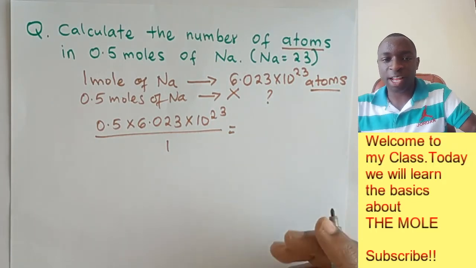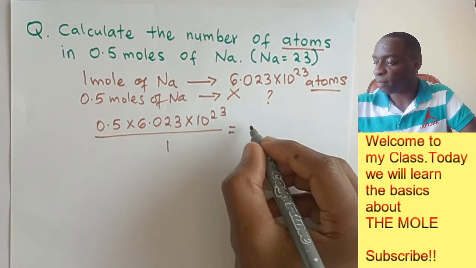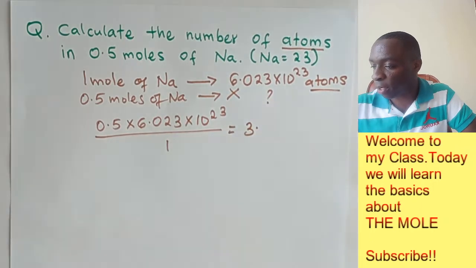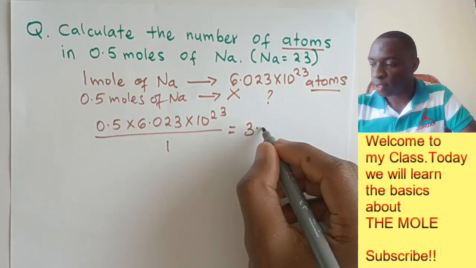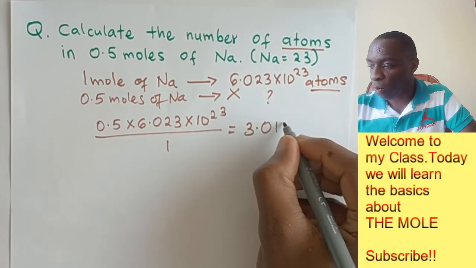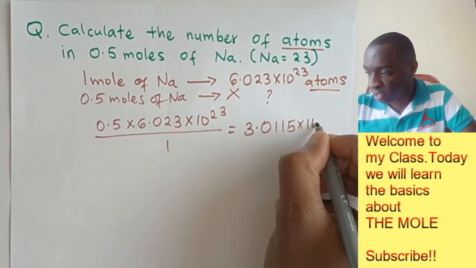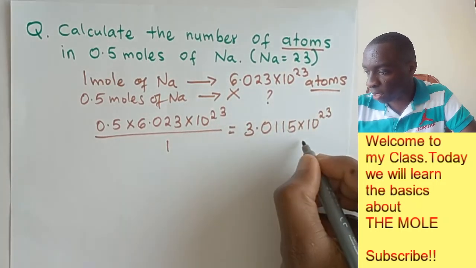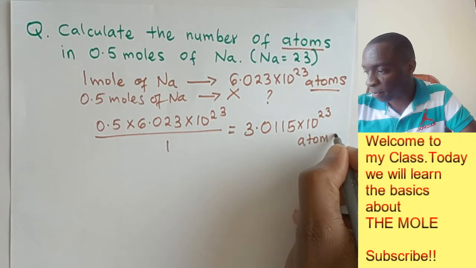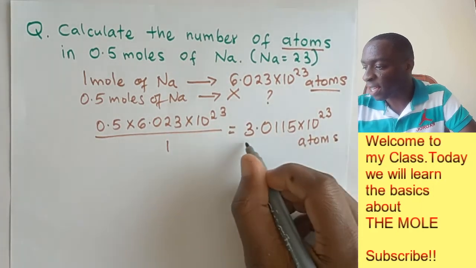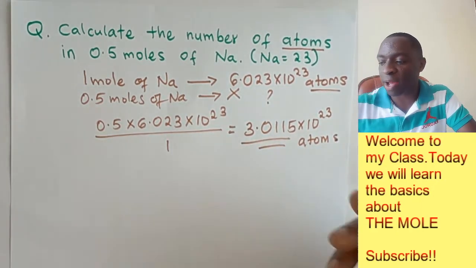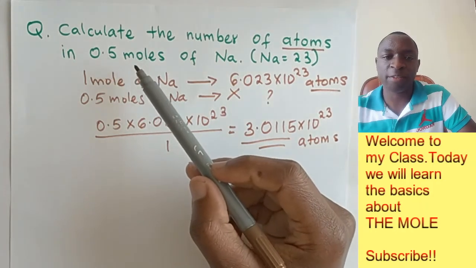So once you calculate that, what do you get? You'll get 3.0115 times 10 to the power of 23 atoms. So you'll realize that this is the number of sodium atoms in 0.5 moles.